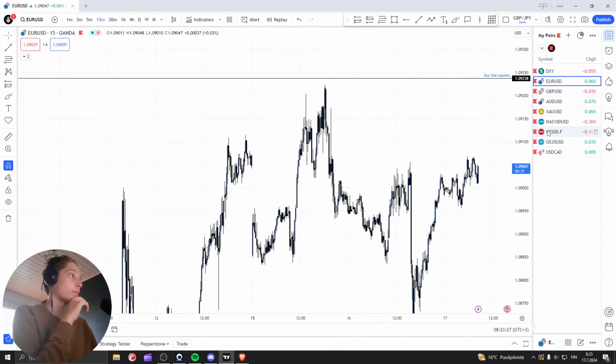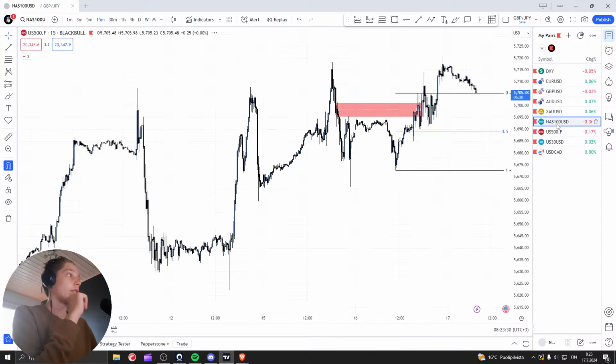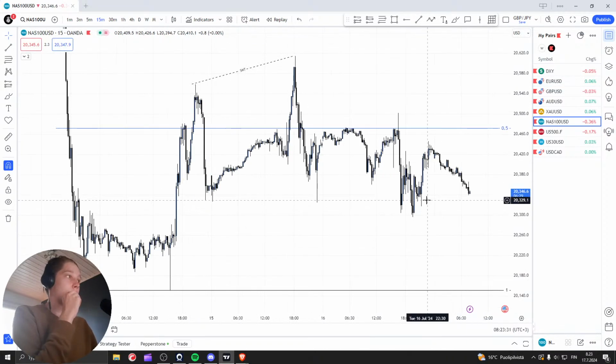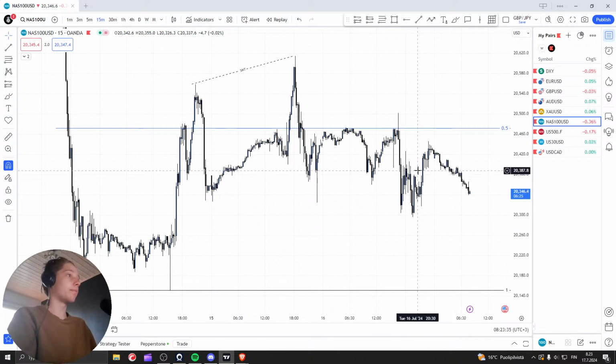And this forex person, I've been loving how NAS and US 500, or S&P 500, are moving.